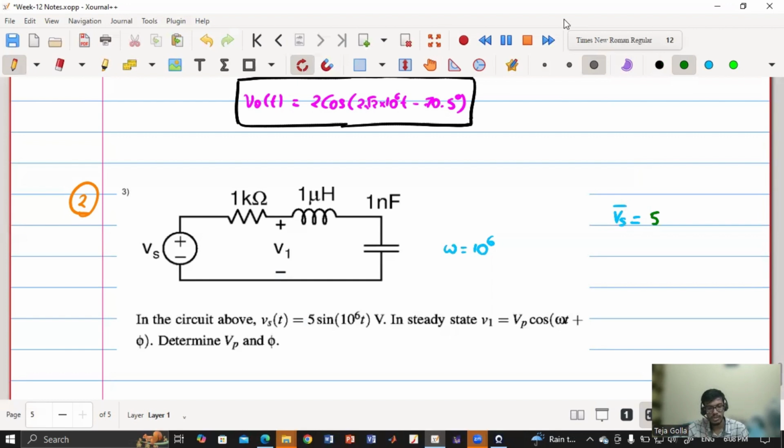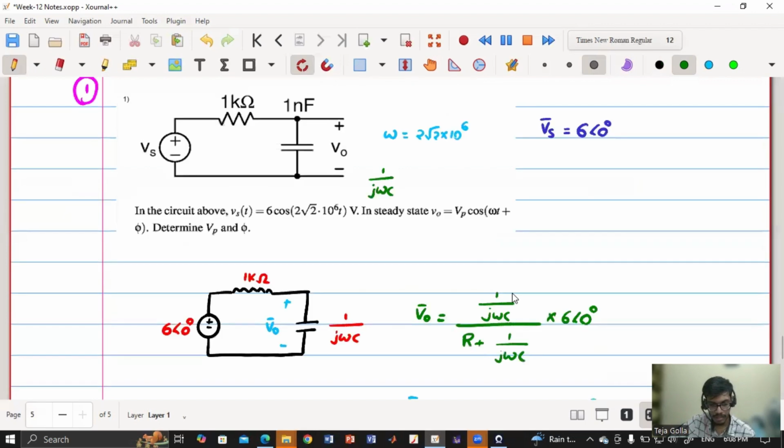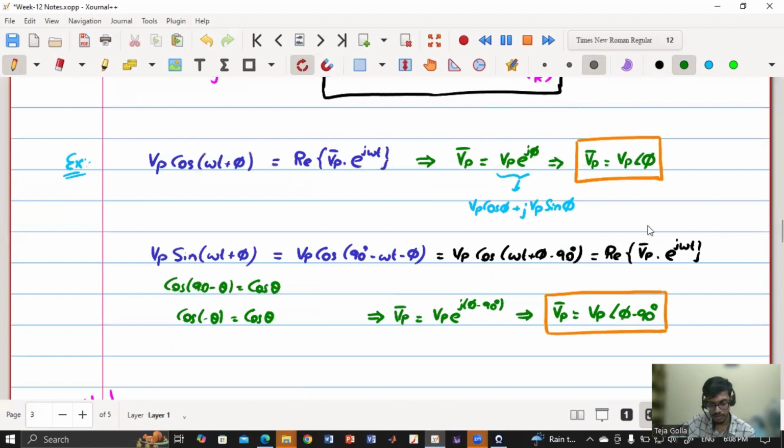Is it sine or cosine? Cosine means 0. Sine means is it plus 90 or minus 90 degrees? We'll go back and see. In the question they have given Vp sine omega t. So what will be the phasor?